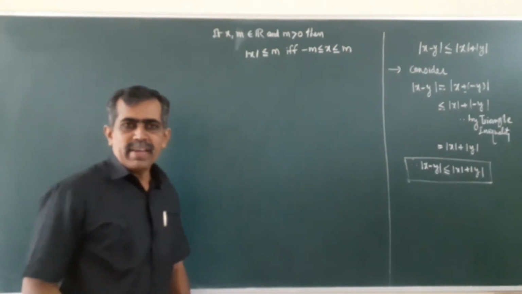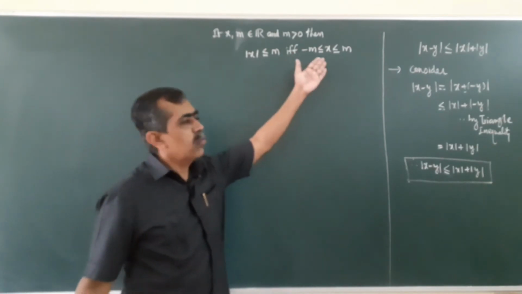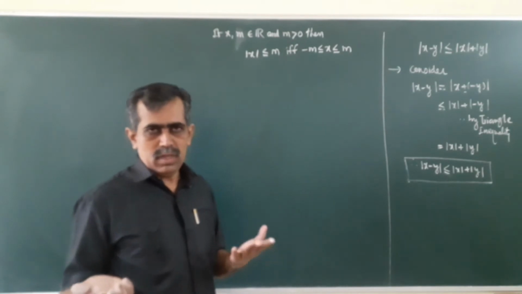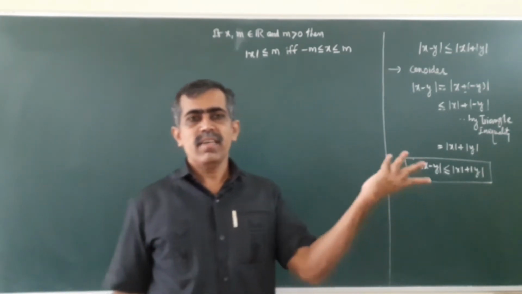So modulus of x is less than or equal to m if and only if x lies between minus m and plus m.